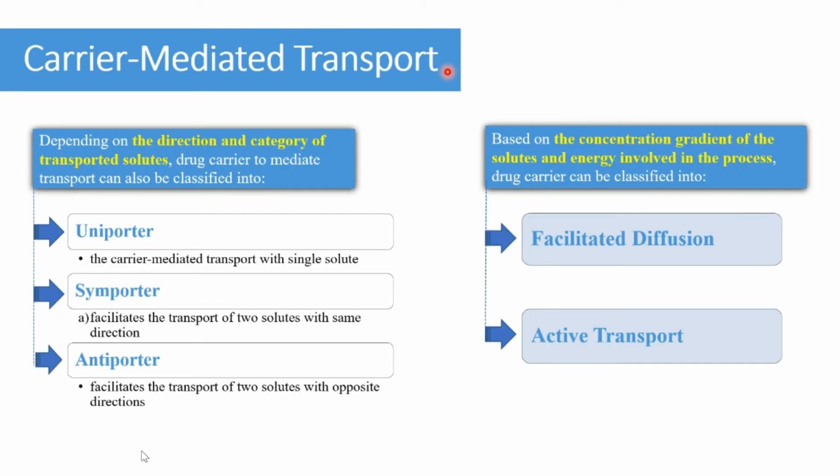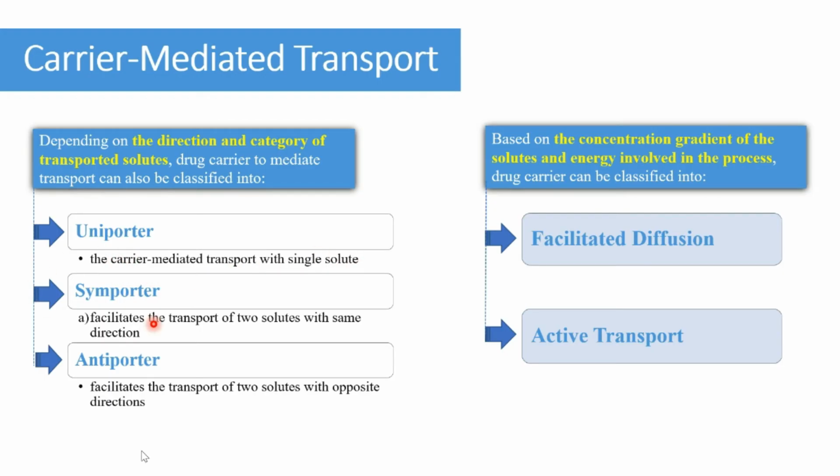For carrier-mediated transport, depending on the direction and category of transported solutes, drug carrier-mediated transport can also be classified into uniporter, symporter, and antiporter. A uniporter is carrier-mediated transport of a single solute.